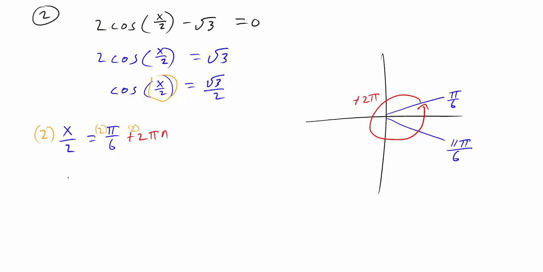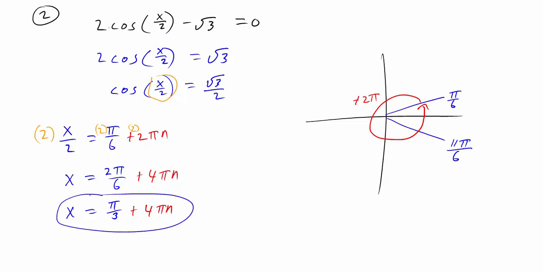So we would end up with x equals 2 pi over 6 plus 4 pi n. So we could simplify this to x equals, 2 over 6 reduces to pi over 3, plus 4 pi n. And that's our first part of the answer.